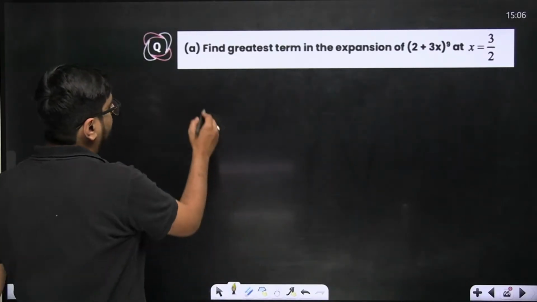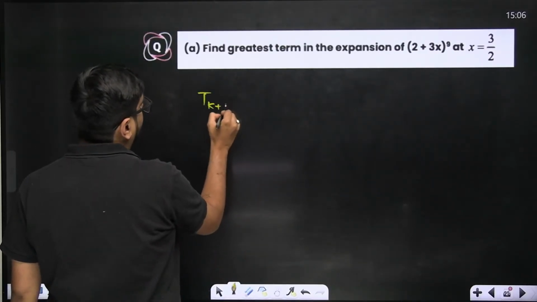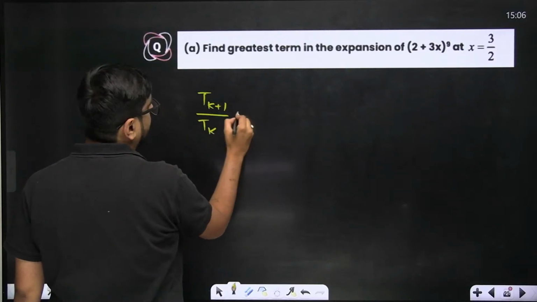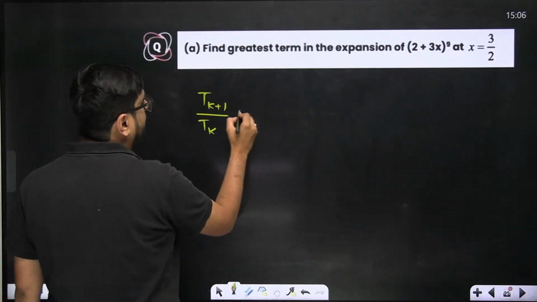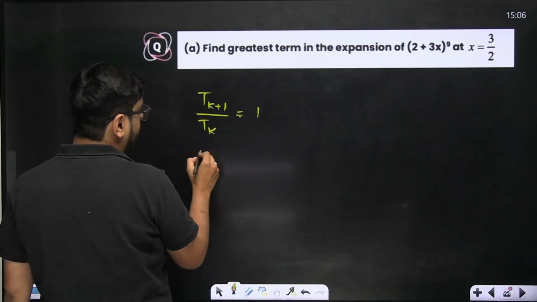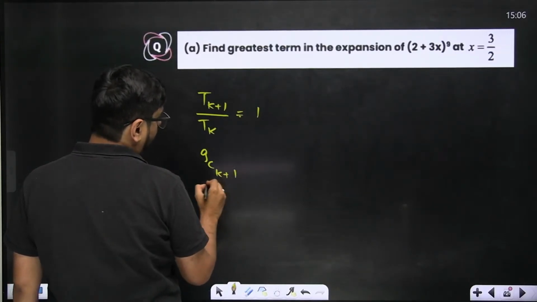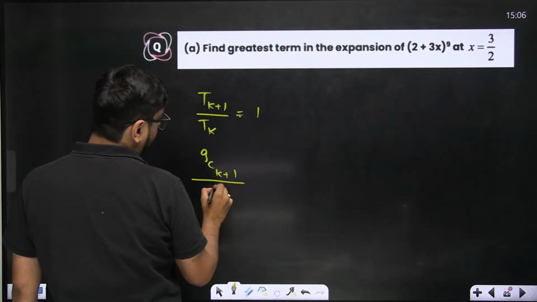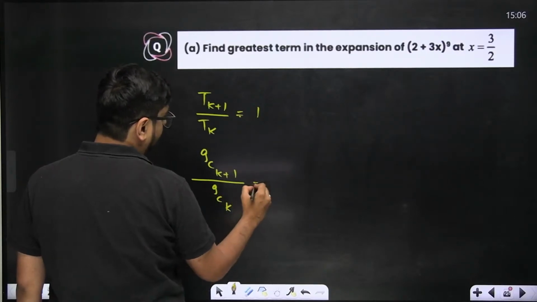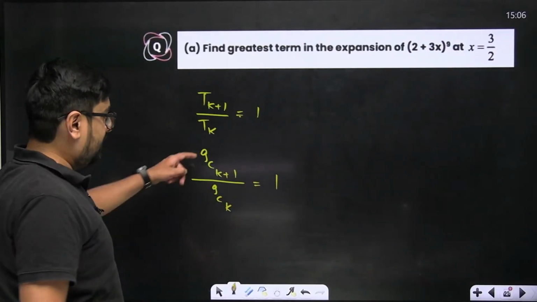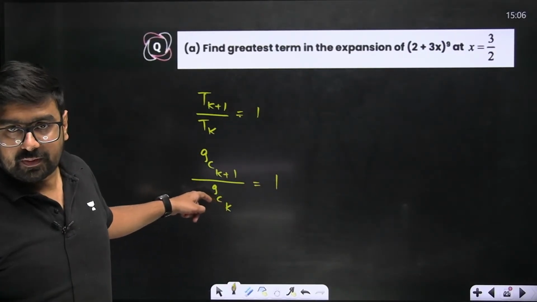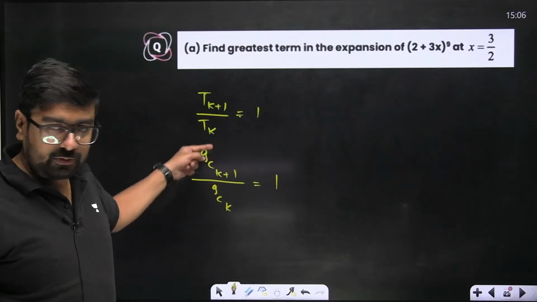What will we do? First step, tk plus 1 divided by tk. We'll put this equal to 1. So tk plus 1 will be 9C(k plus 1) divided by 9Ck equal to 1. This is nCr upon nC(r minus 1), that form, no?